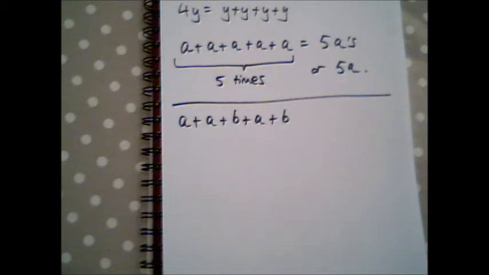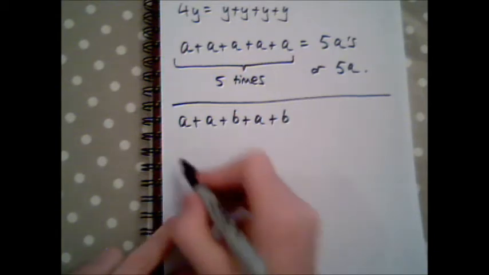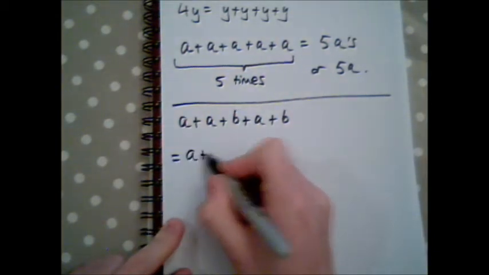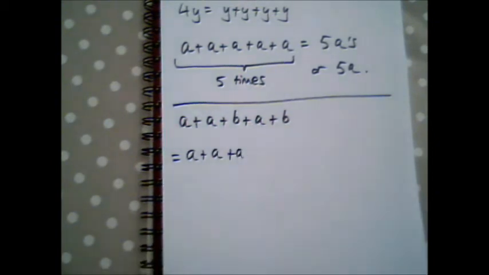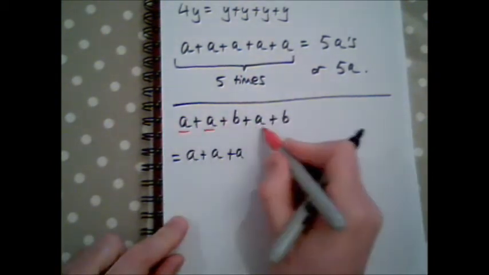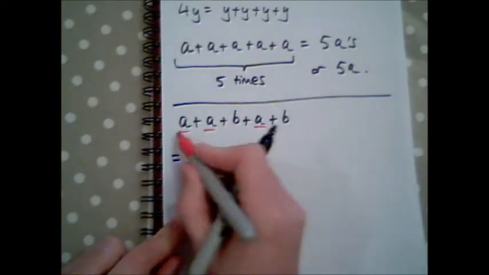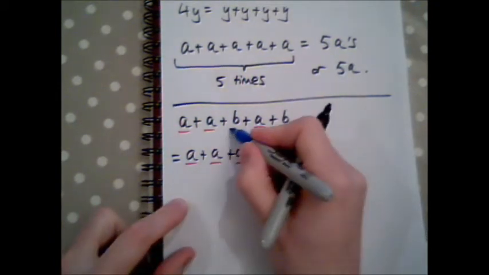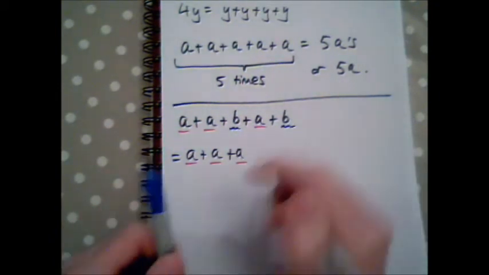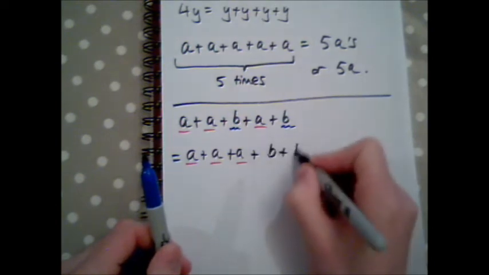So when we're doing this initially, it can be handy to write all the a's together. So I've got a plus a plus a. So that's all the a's. Let's put a red line under them. So there's 3 of them there. And then have a look at the b's. So I've a b and another b. So plus b plus another b.